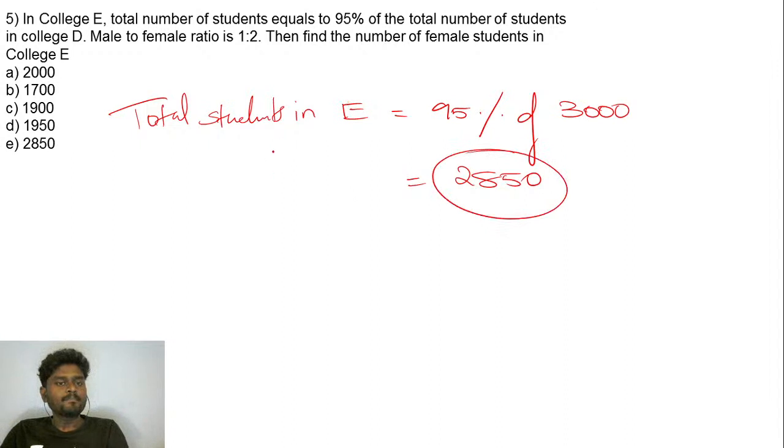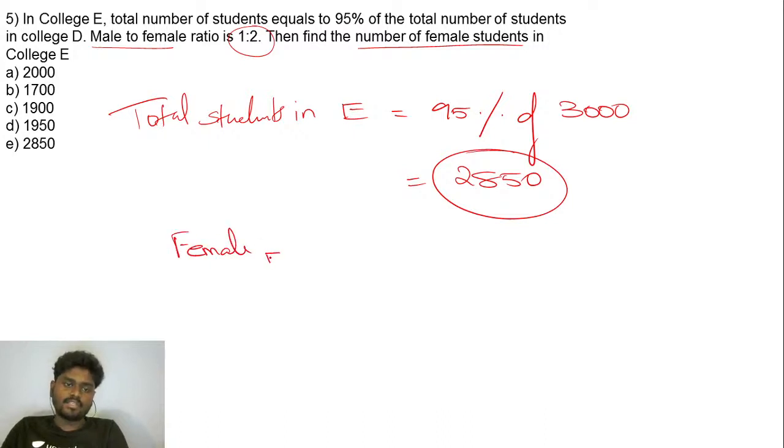That's it, right? And I know that the male to female ratio is 1:2. You are asked to find the number of female students in college E. So the female students in college E is nothing but, out of 1 plus 2, 3 parts, 2 parts are female. So 2 out of 3 parts is female.